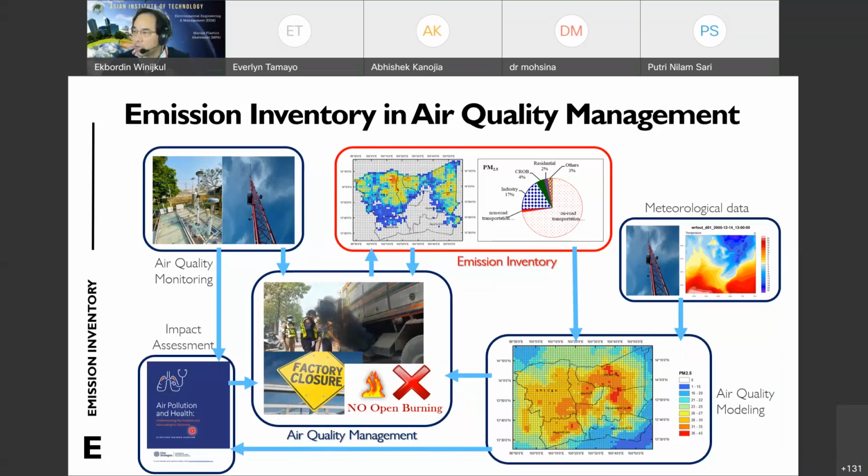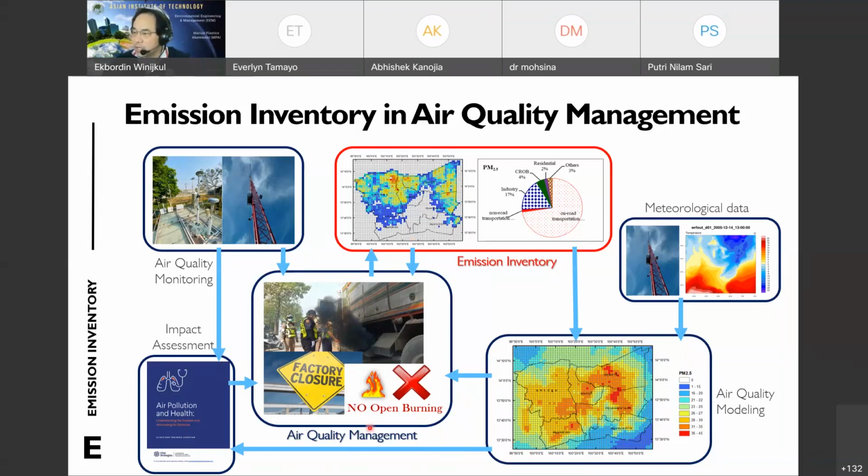And then emission inventory itself can be used to identify or help frame the air quality management, right? If you know what the major sources are, then air quality management can be done in order to control the major source.